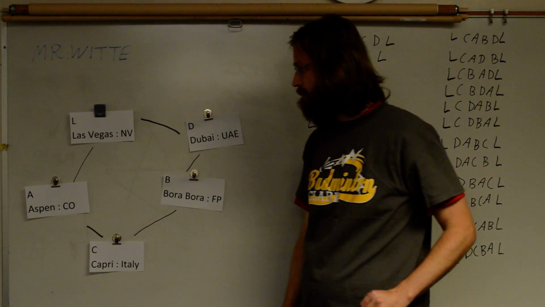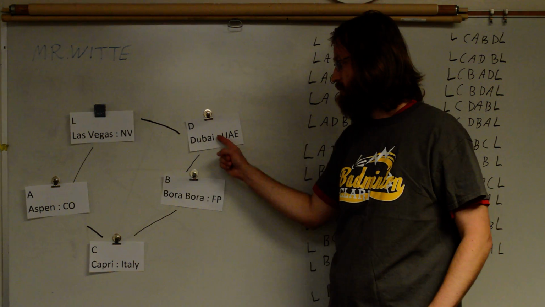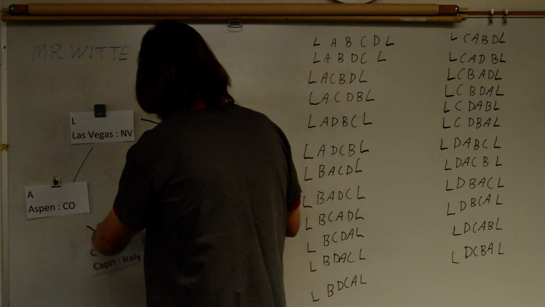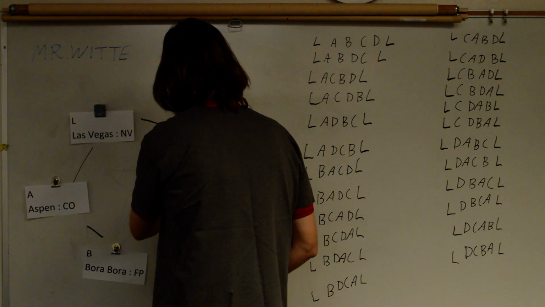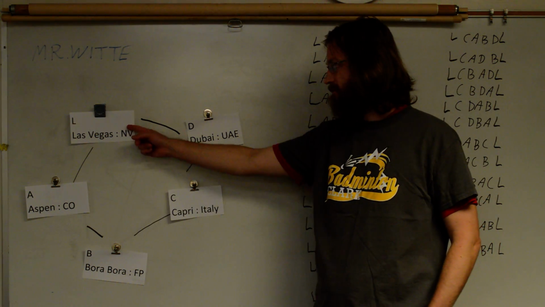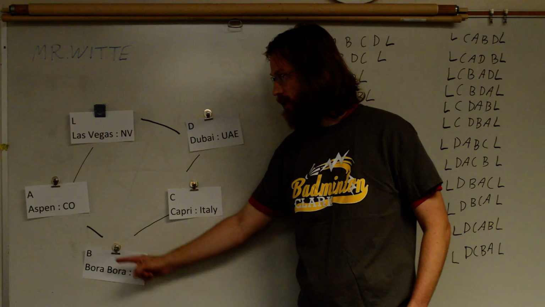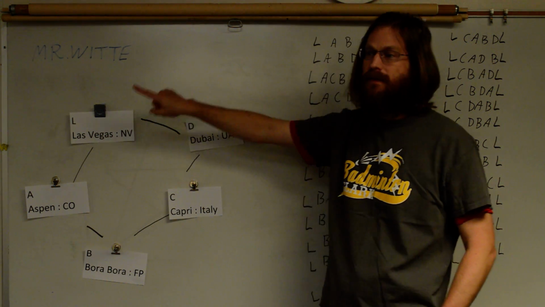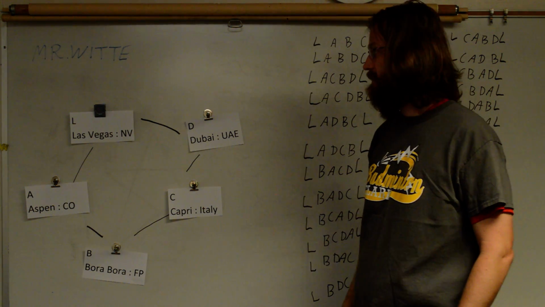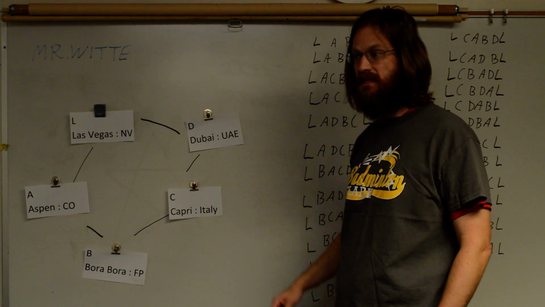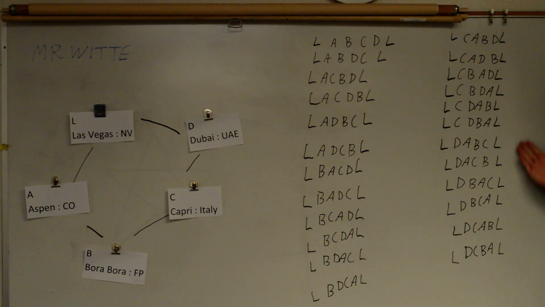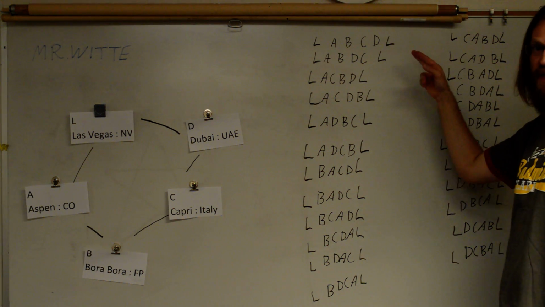If you want the very last option, we have Las Vegas, Dubai, Capri, Bora Bora, Aspen, and then back to Las Vegas. This makes a complete circuit. So what we have here is a Hamilton circuit. We did every city exactly once. And the full list of permutations starting and stopping in Las Vegas.